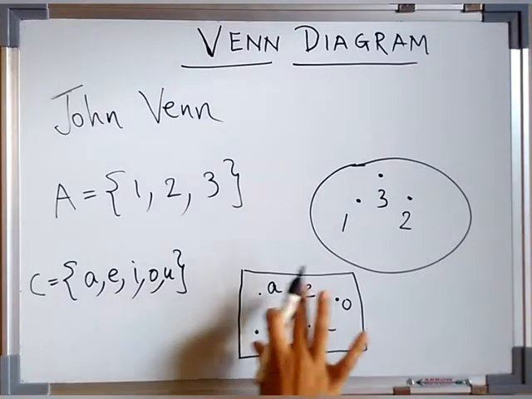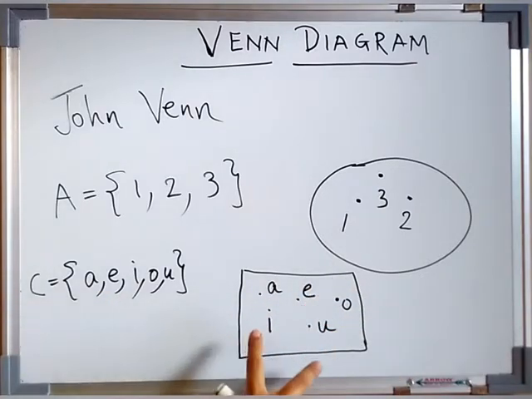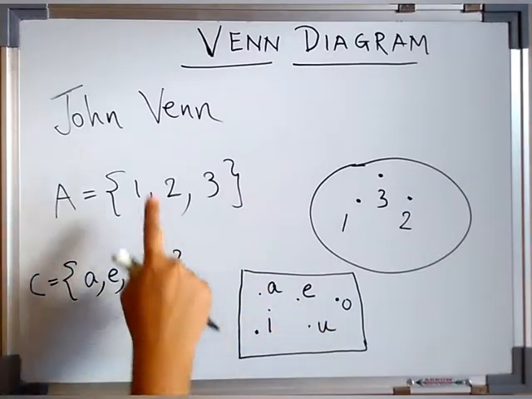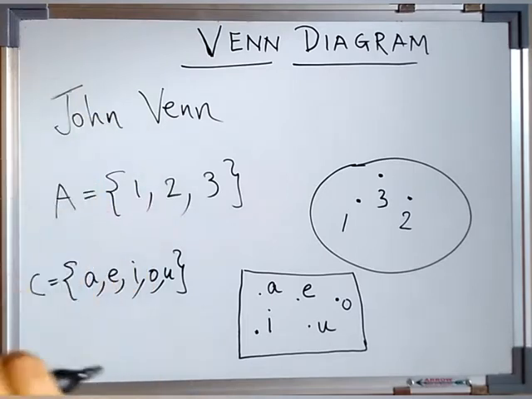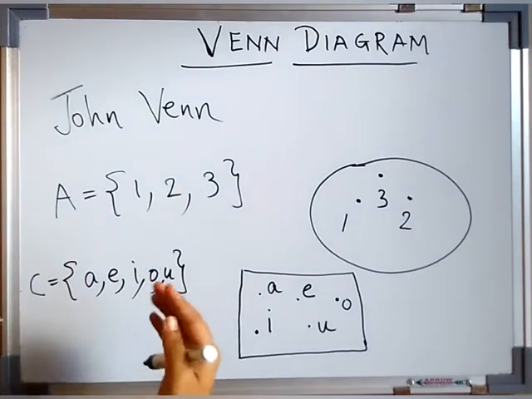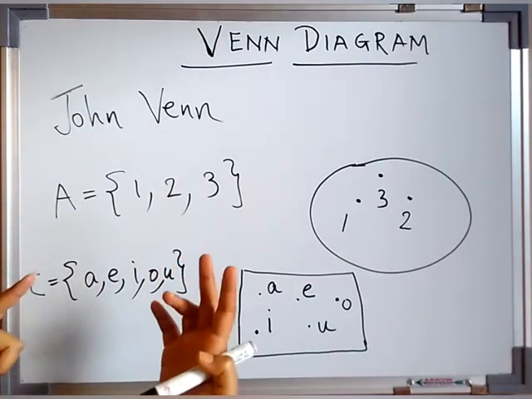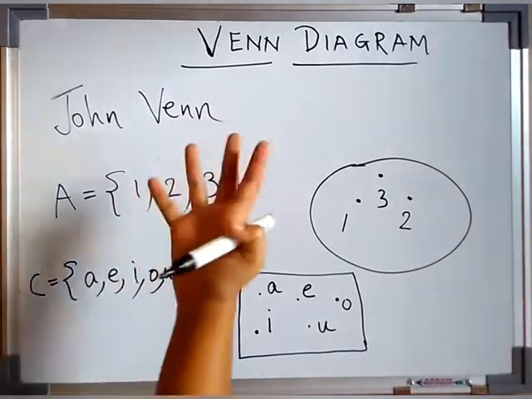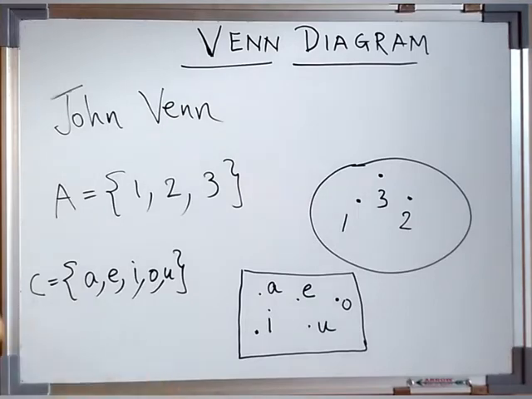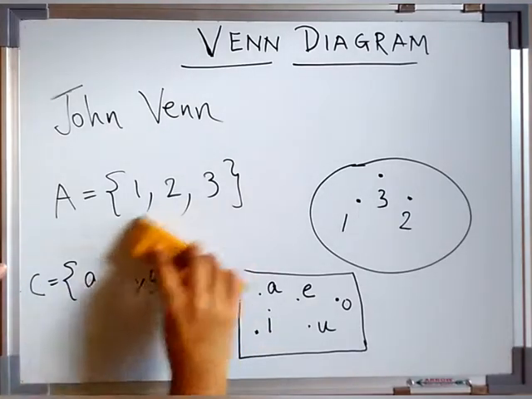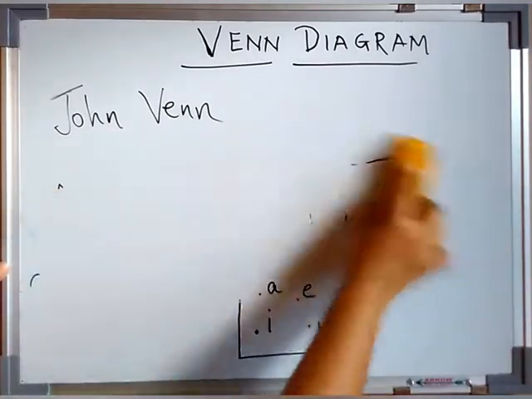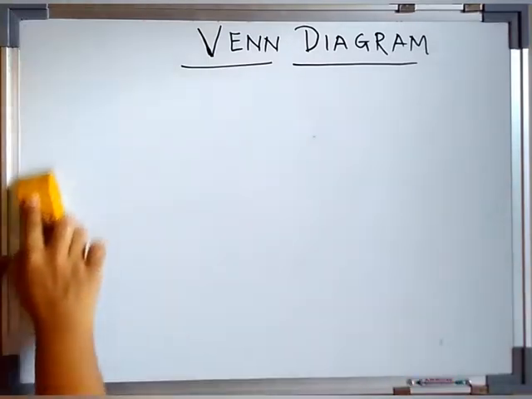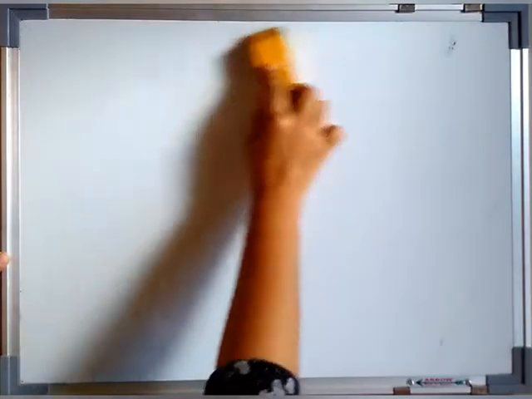So using closed figures to represent a set is known as Venn diagrams. It is named after the mathematician John Venn. So the further concepts in set theory will be much easier to understand if we use Venn diagrams to represent them. We will see a few concepts and we will have a better understanding when we use Venn diagrams to understand the definitions.